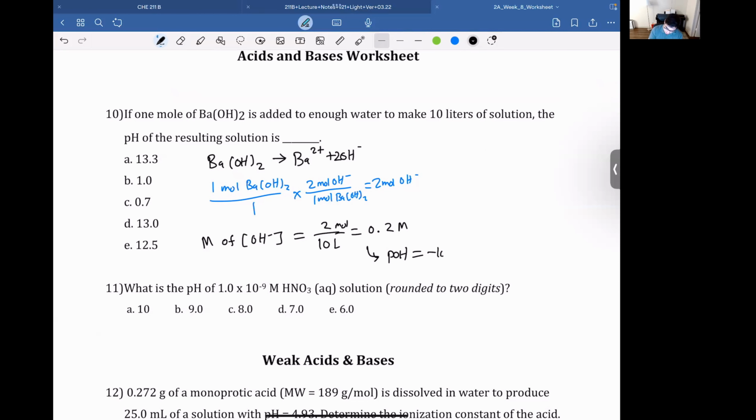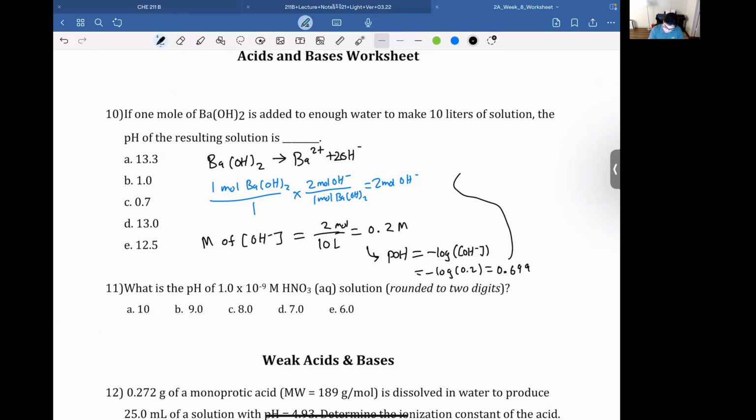So POH is negative log of OH minus, negative log of 0.2, 0.699. Okay. So that's our POH.